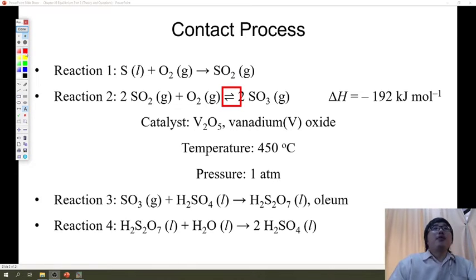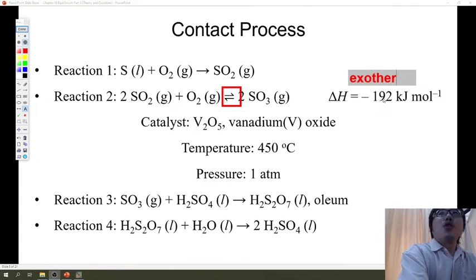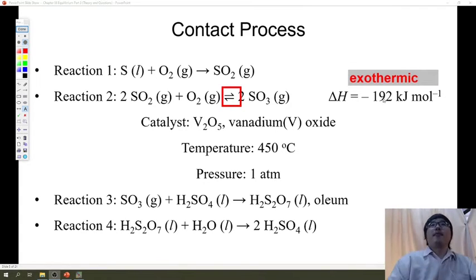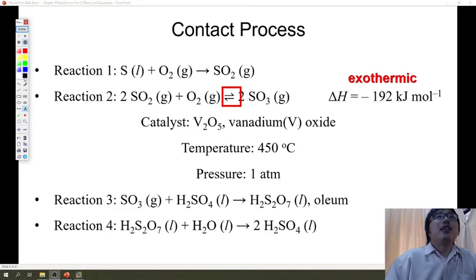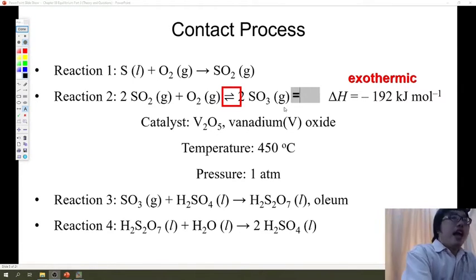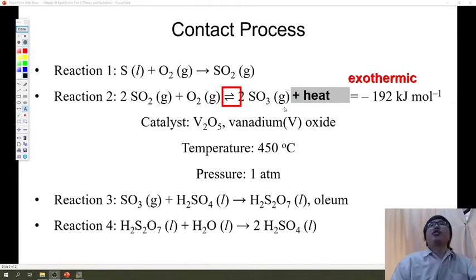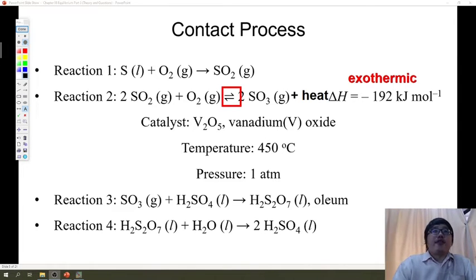Take note, this is also another exothermic reaction, and therefore heat is on your right. The catalyst is vanadium(V) oxide, V2O5. The temperature is 450.